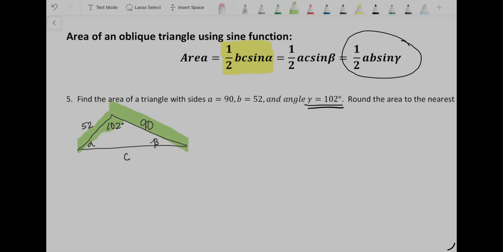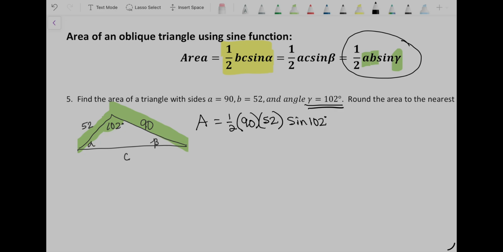I have side a, side b, and then the sine of the included angle, or the in-between angle, that's gamma. So it'll be area equals 1/2 side a, side b, sine of the included angle, 102 degrees.